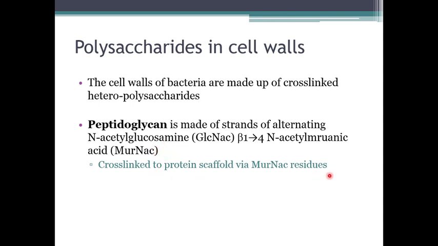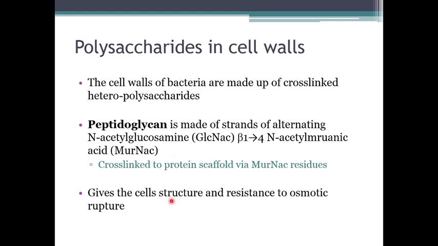These are cross-linked to a protein scaffold via MurNAc residues, or muramic acid residues. And the result is that the bacterial cell is resistant to osmotic pressure and it gets a cell structure.